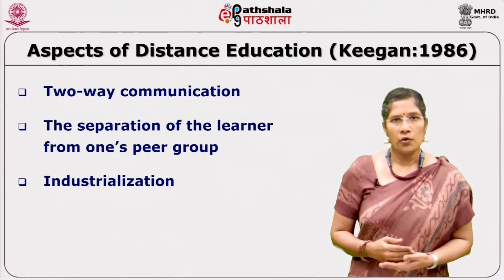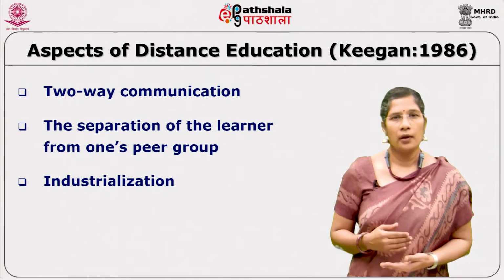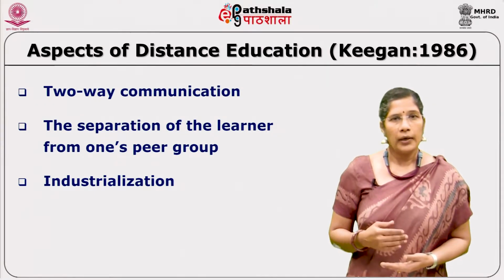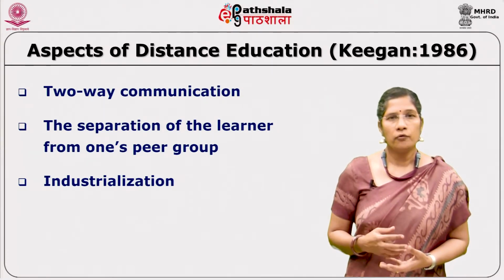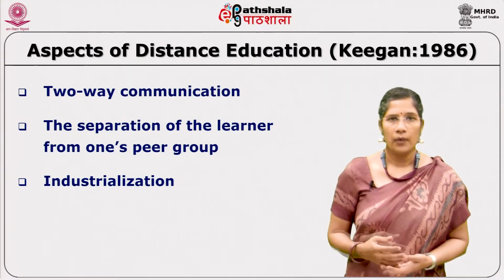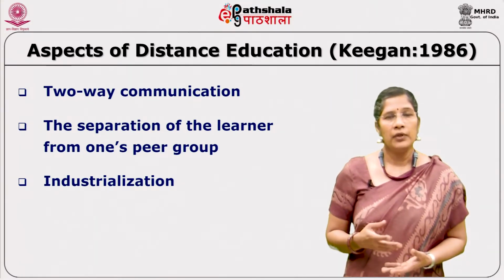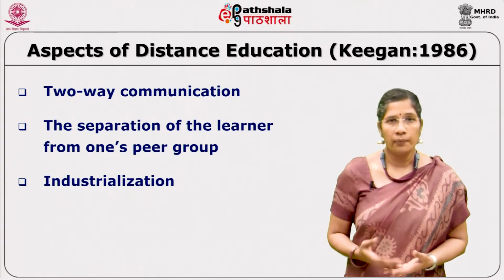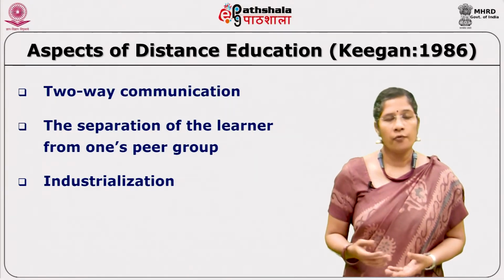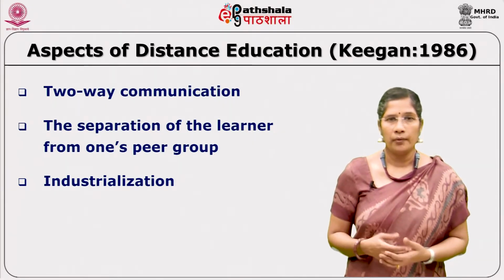In distance education, the system handles a large number of students at one given time, and that is why they have to produce the study material also in large numbers. Even for the exam, they have to produce the question papers, or make arrangements for conducting the exams for a very large number of people.